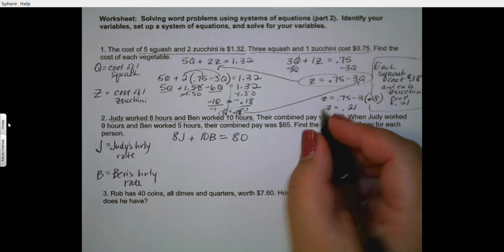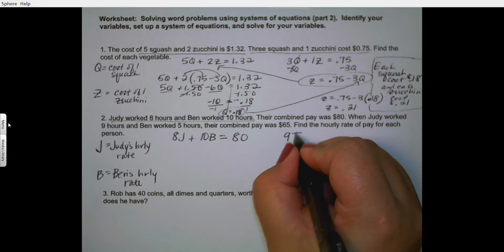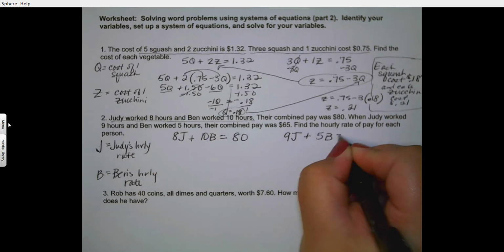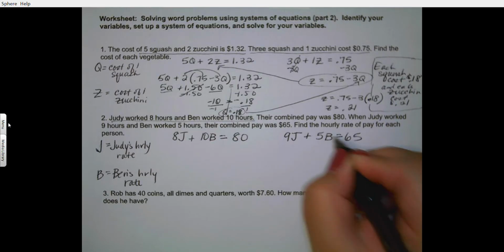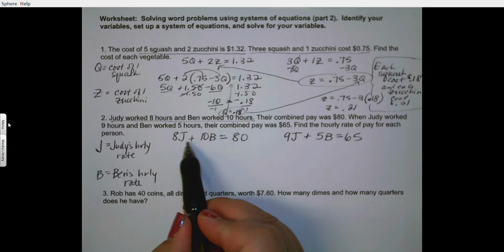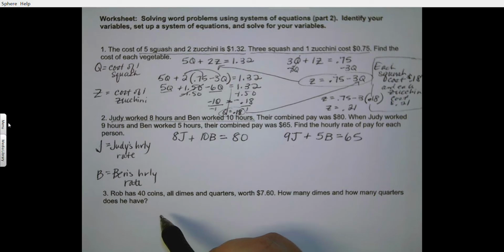When Judy worked 9 hours and Ben worked 5 hours, they make $65. Okay? So now you are going to try to solve for J and for B, and you can maybe use elimination this time. I think that would be easiest.